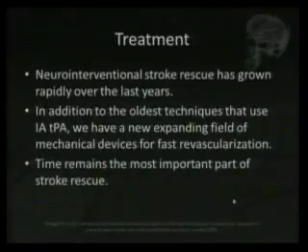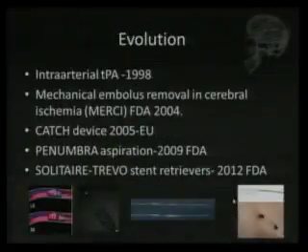And for this, the endovascular industry has been trying to get new devices that can help these patients have better outcomes. So for years, they've been trying to develop several devices. We started with intraarterial TPA back in 1998, just using the same alteplase with a microcatheter directly intraarterially.